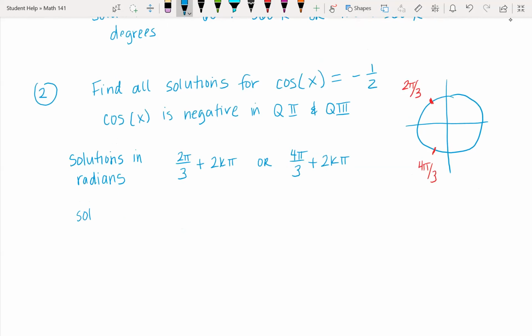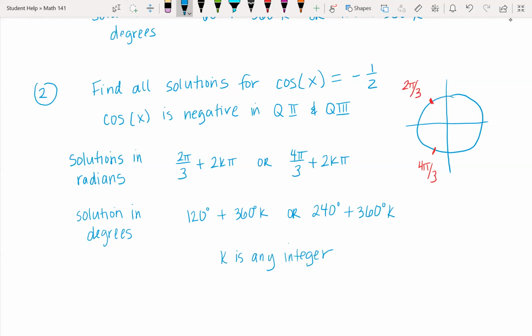And then the solution in degrees would be 120 degrees plus 360 degrees times k, or 240 degrees plus 360 degrees times k. And again, k is any integer. In this example, we added 2 pi or 360 degrees again because the period of cosine is also 2 pi. Right? That's what the distance is before it starts to repeat itself again.